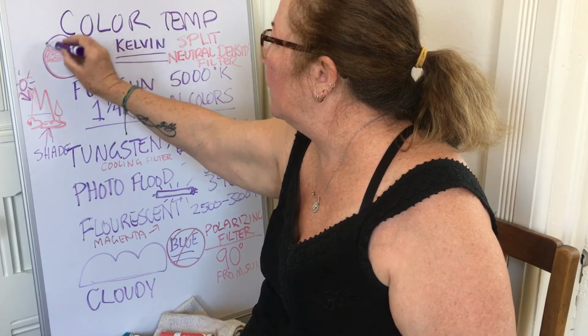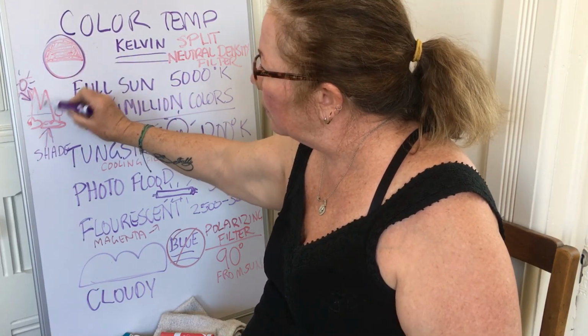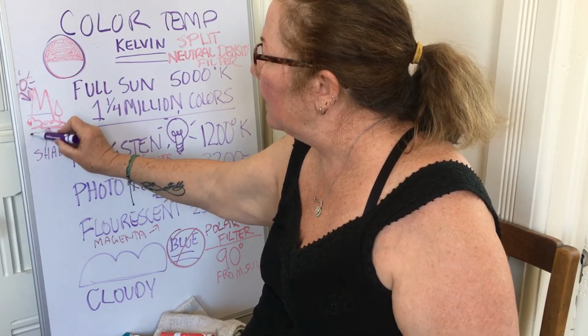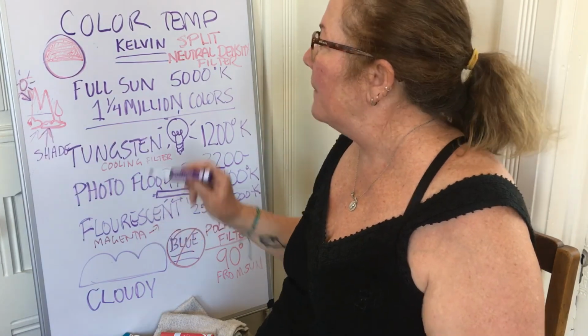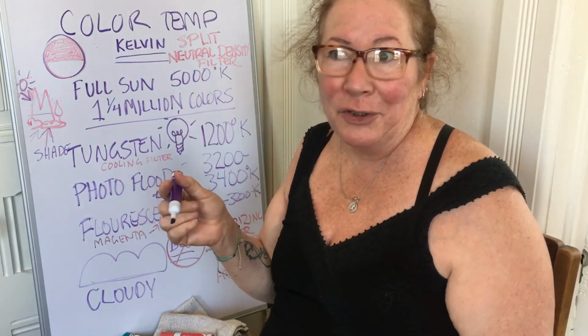You screw it on the front of your lens, and it'll make this part a little bit shadier, and it'll brighten up the shade part so that you can see the details in the shadow, right? And you can also use that trick with a pair of those sunglasses, just holding them over the lens.